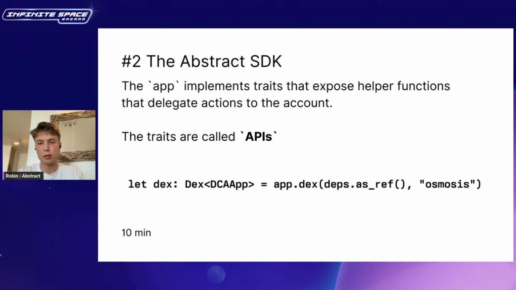It needs the deps to be able to do queries. And then we have this Croncat object. And then we can call this Croncat API to, for example, create a task. So this will return a message. Let's create task message.